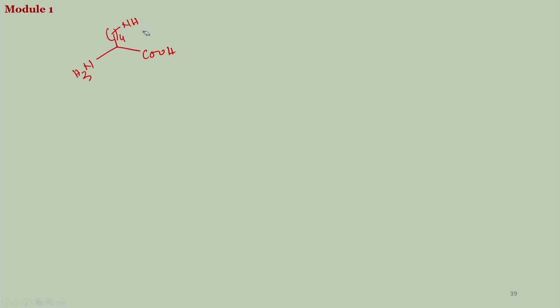This would be NH3 plus as well. So the first equilibrium would be deprotonation of the carboxylic acid. 4 CH2 here, NH3 plus. This should be minus, NH3 plus.